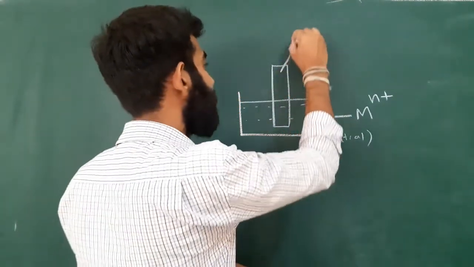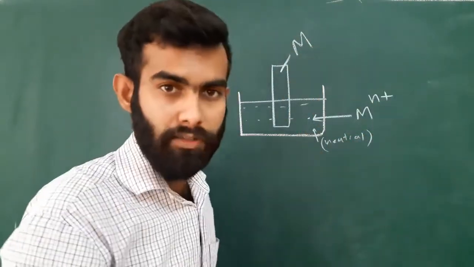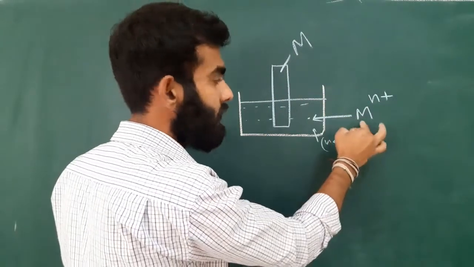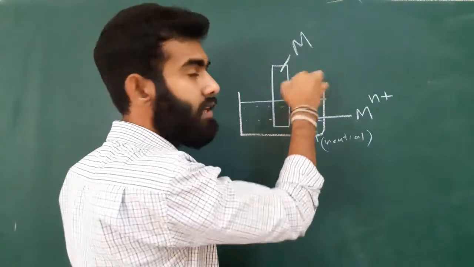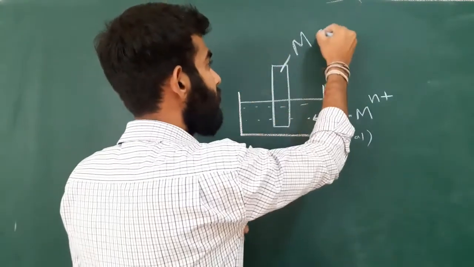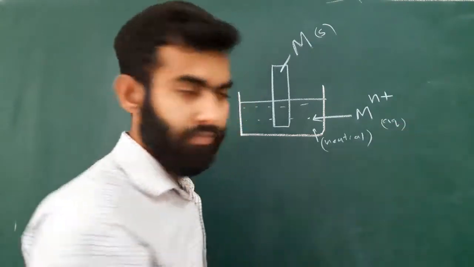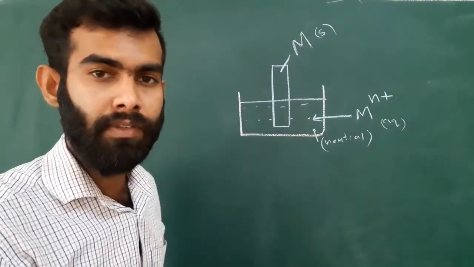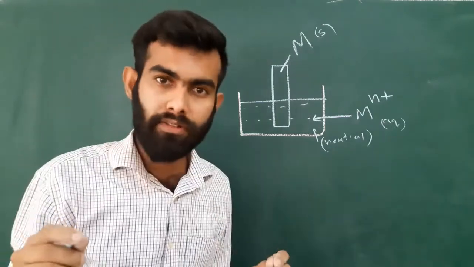So this is metal M dipped in its own electrolyte solution. This metal is the same, and the solution also contains metallic ions. This metal rod contains the metal. So this is a solid, this is a liquid or aqueous solution. In this situation, what will happen? Now we are talking about electrochemistry.